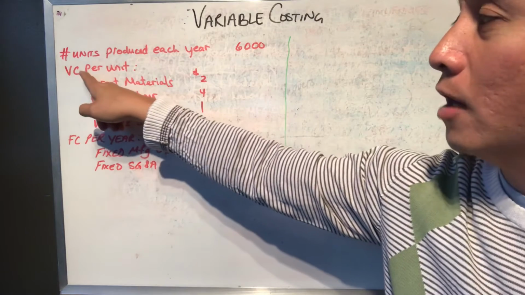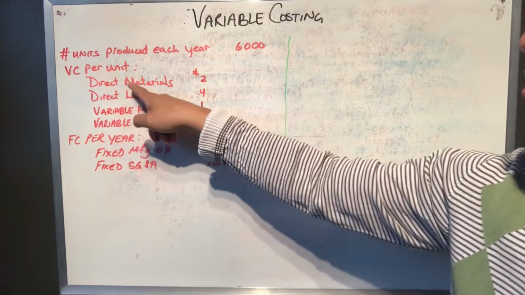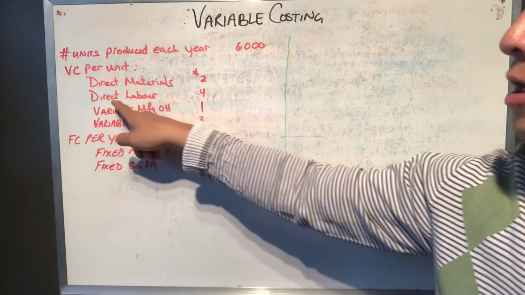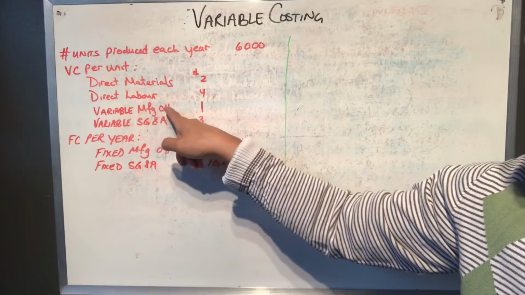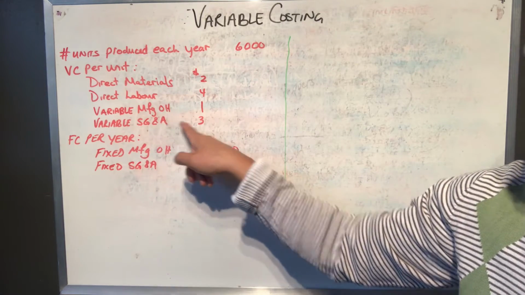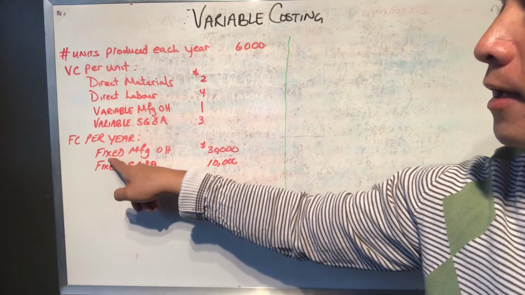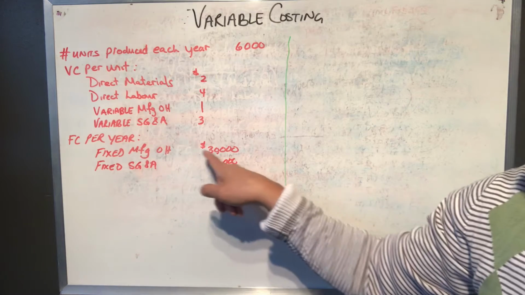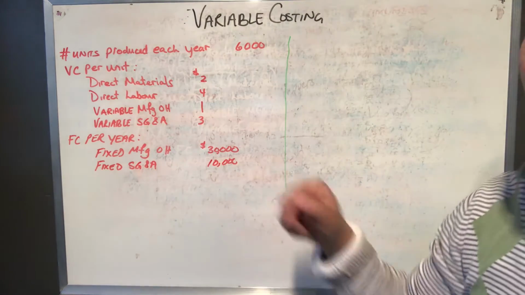The variable cost per unit is going to be direct materials of $2, direct labor of $4, variable manufacturing overhead of $1, and variable selling, general, and administrative of $3. The fixed costs per year are fixed manufacturing overhead of $30,000 and fixed selling, general, and administrative of $10,000.